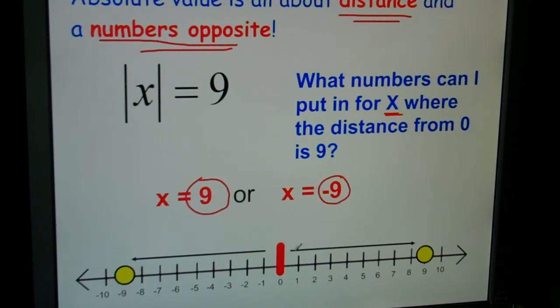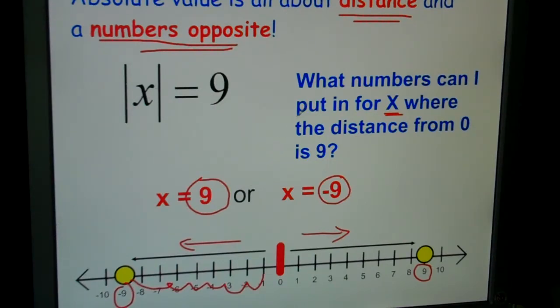Here I've done one on a number line for you, and you can see it. Here is 0. I need to go to the right and I need to go to the left. If I'm going two directions, I'm going to have two numbers. Here's 9 and here's negative 9. Are these each 9 spaces away from 0? Yes, that's 9 spaces away from 0. Is this 9 spaces away from 0? Yes, it is. So I needed a distance of 9.